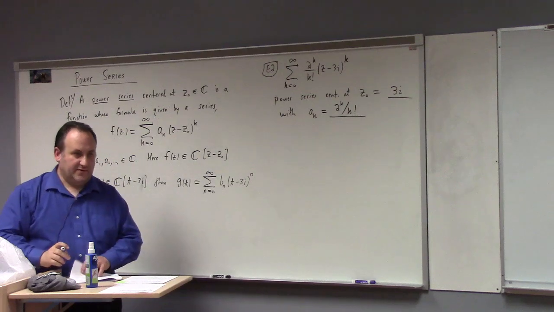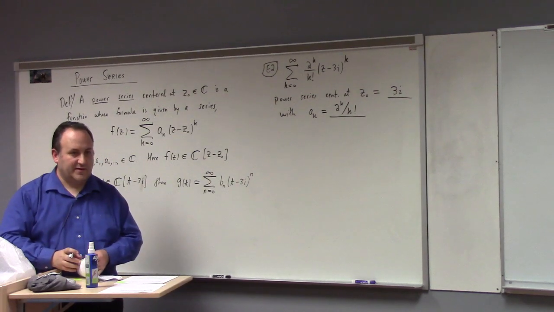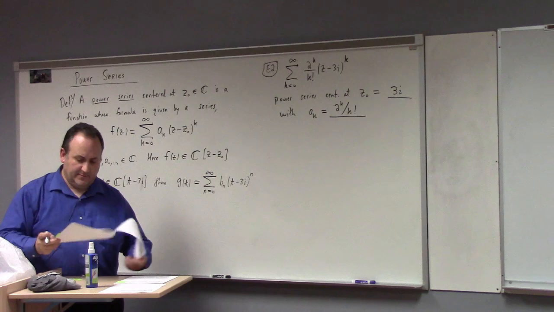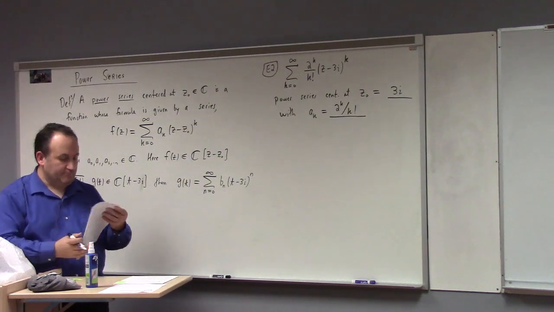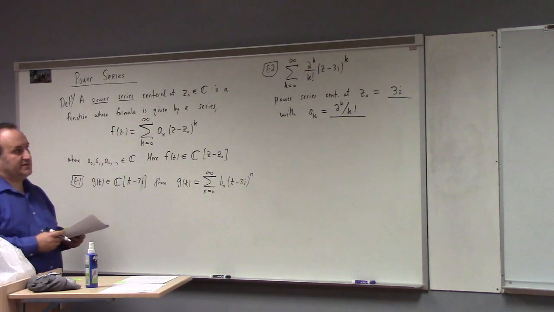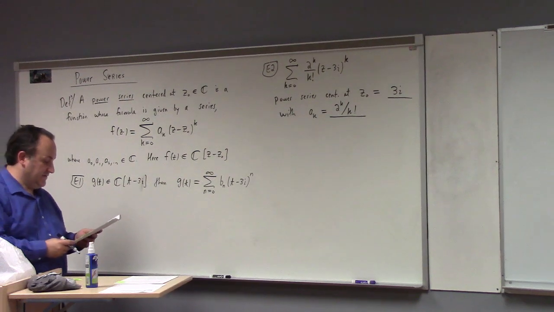Now, I'm going to skip over the proof of the theory here because I'm behind, sadly. But we can prove that every power series has a radius of convergence.